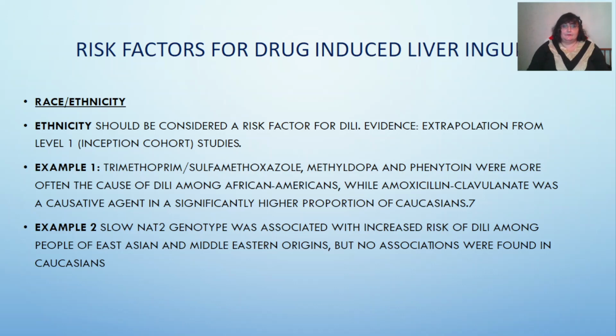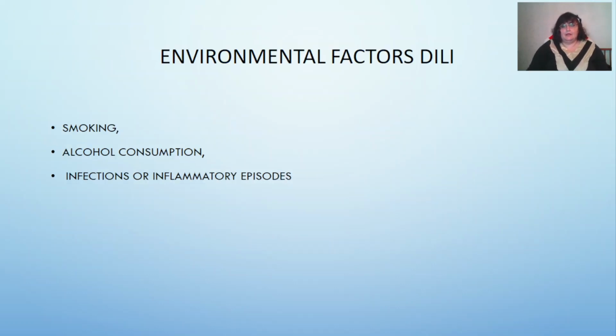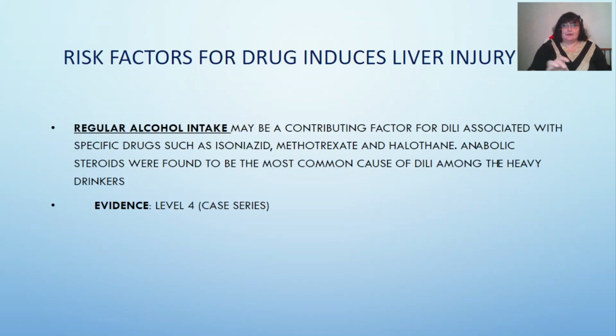Example 2. The SLCO1B1 genotype was associated with increased risk of drug-induced liver injury among people of East Asian and Middle Eastern origins, but no association was found in Caucasians. Environmental factors in DILI: smoking, alcohol consumption, infection, or inflammatory episodes.